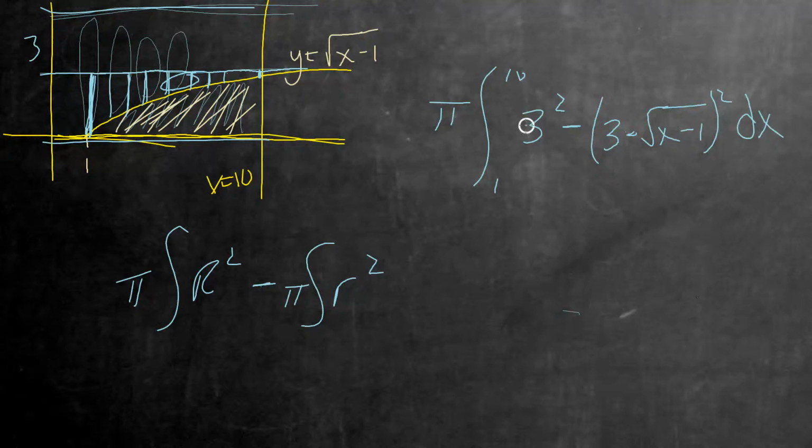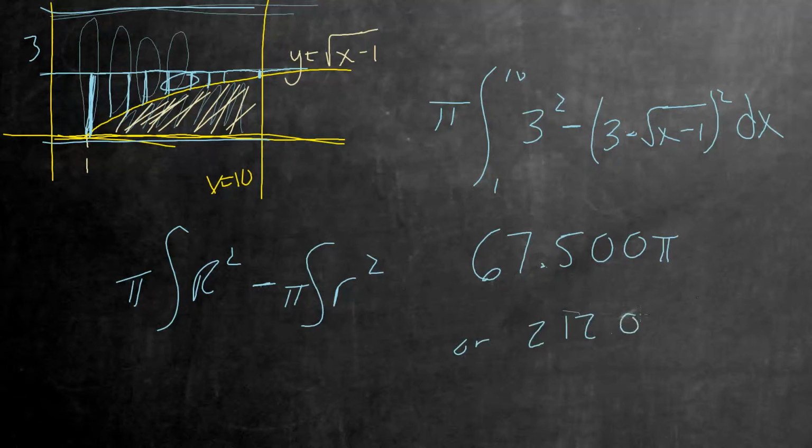Pi big R, little r. And because we can use our graphing calculator on this guy, a very appropriate answer would be 67.500 pi, or 212.057.